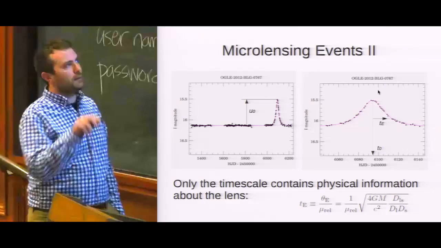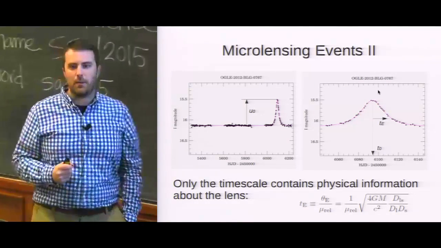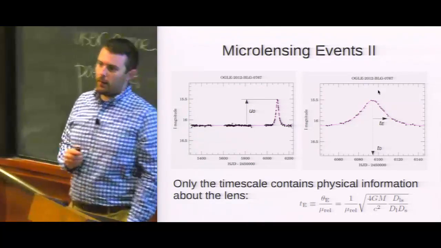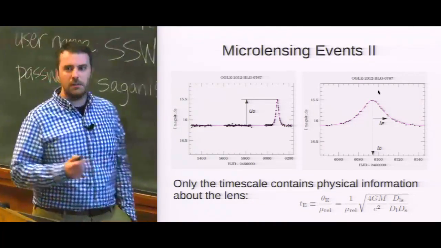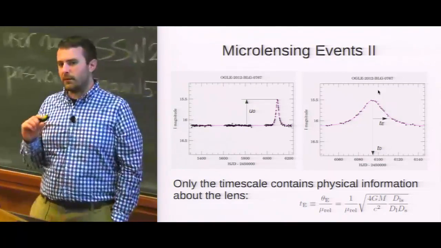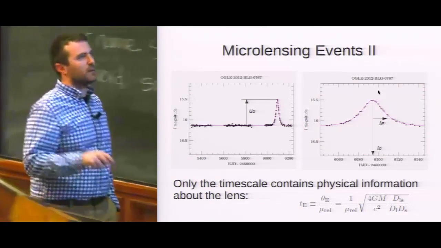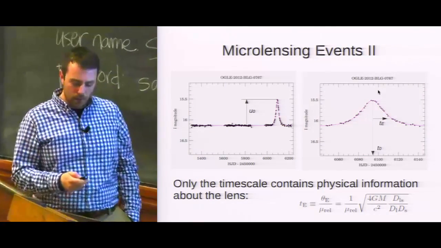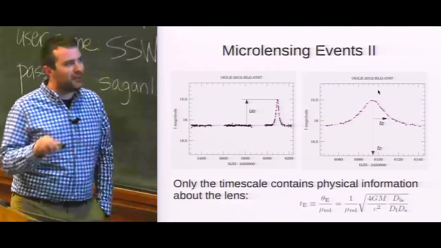You have the time of the event and you have the impact parameter, and that's basically the inverse of how magnified it gets. Once you get an impact parameter of 0, you should formally have infinite magnification. But because the source isn't a point source, it actually has some physical size that gets washed out, and you have a finite magnification. So energy is conserved.